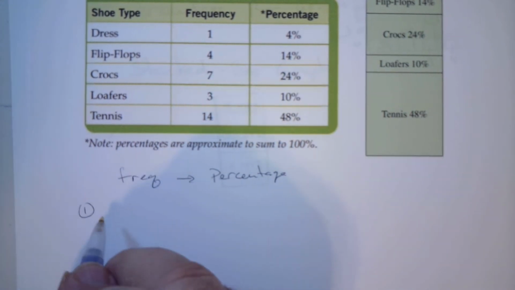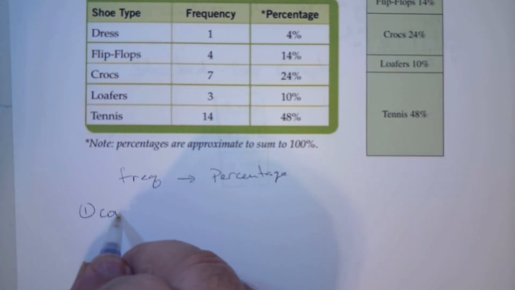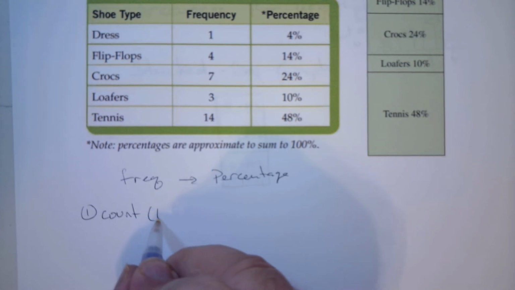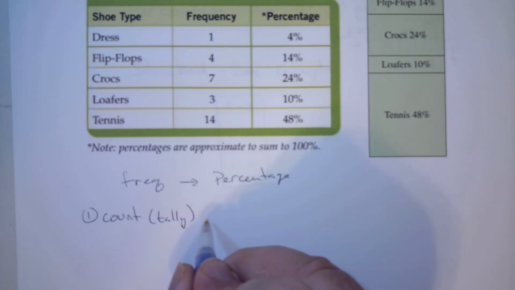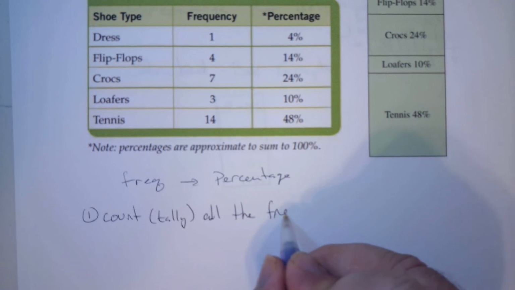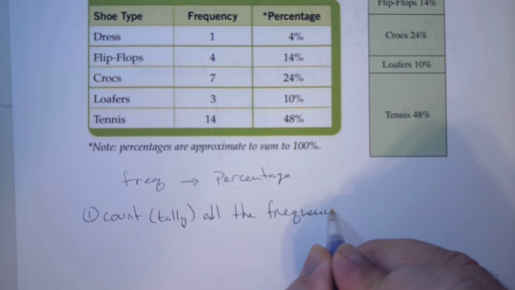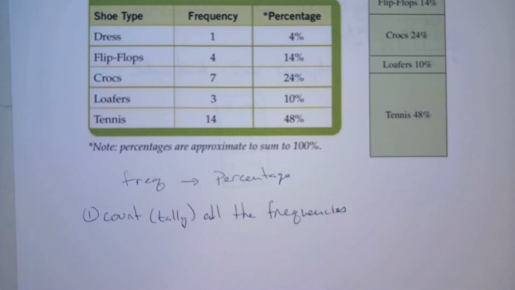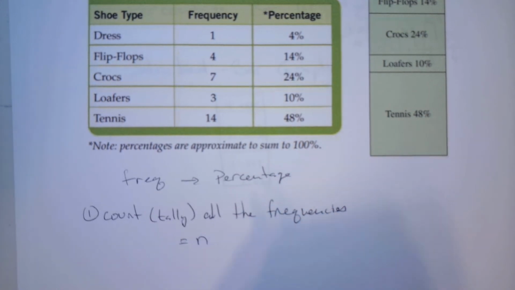First step: count or tally all the frequencies. That gives you an n value, the total number.